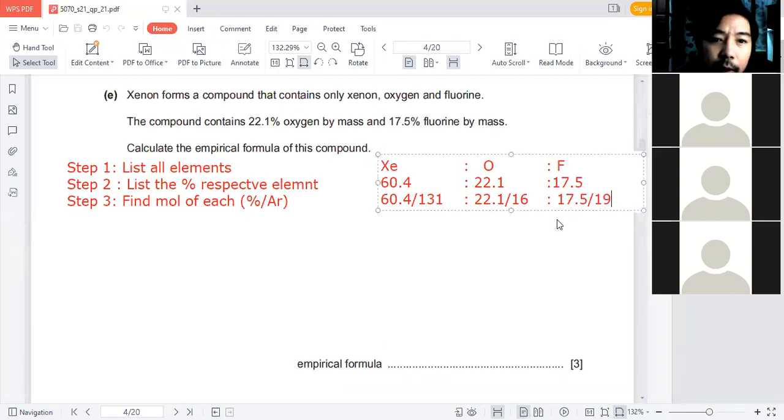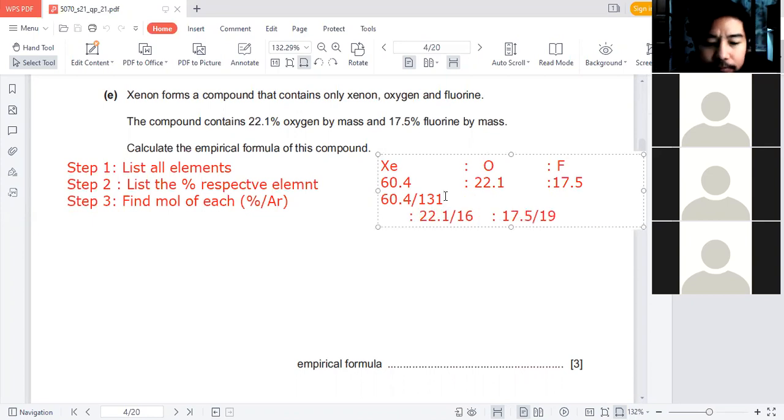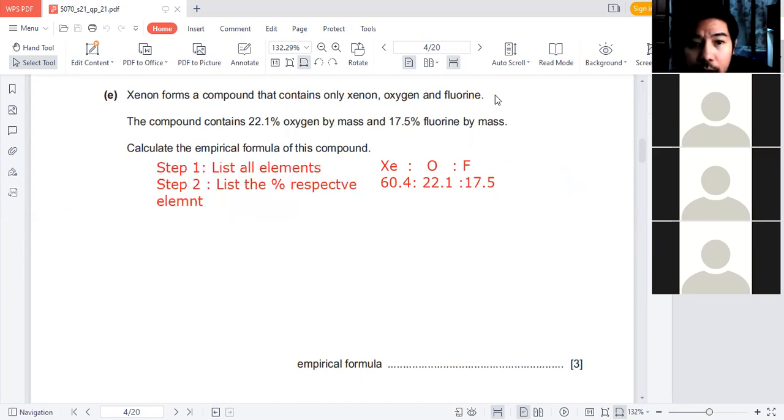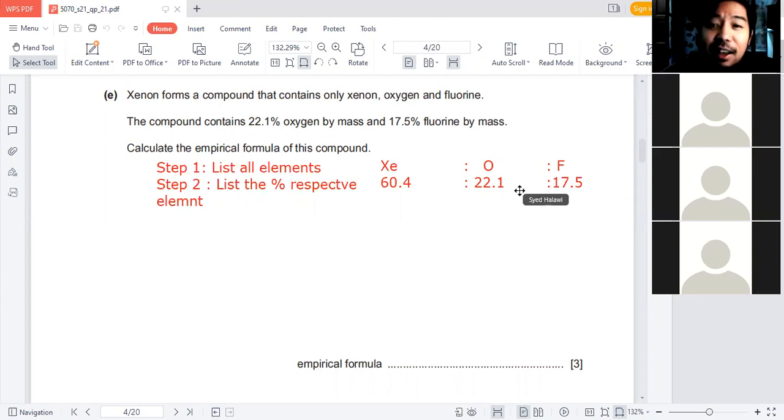Now after that, once you find the mole of each, that would give you about... Okay, so redo. Oh my god. That's actually, what's that? I can't redo that.